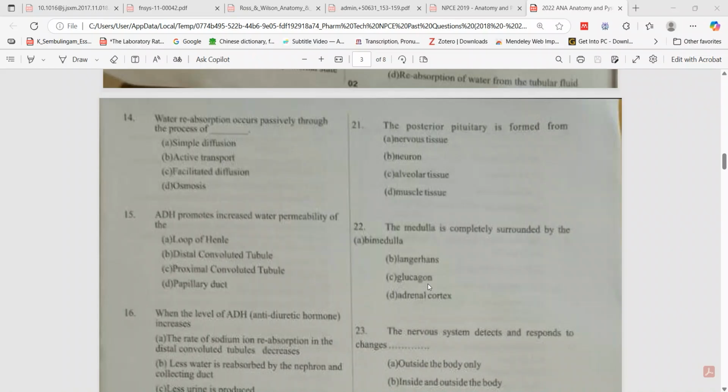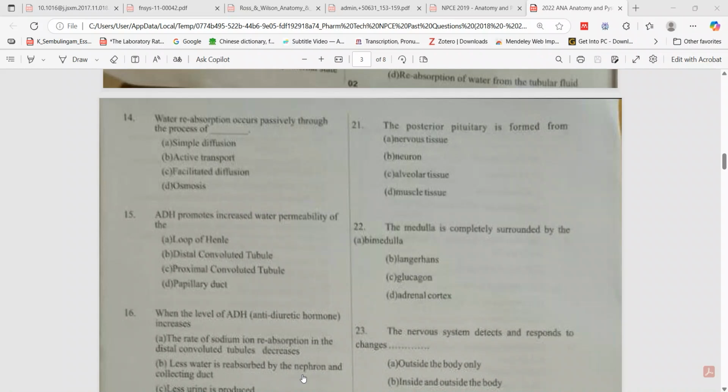Water reabsorption occurs passively through the process of dash. So, how does water reabsorption occur? Note the question says passively. Do you still remember passive transport and active transport? So the question says passively.